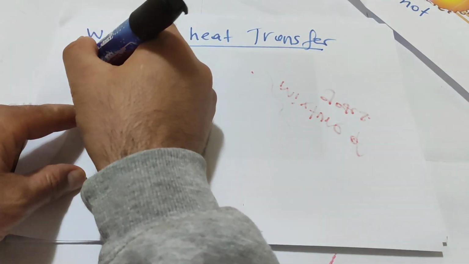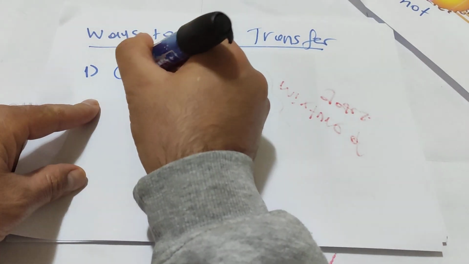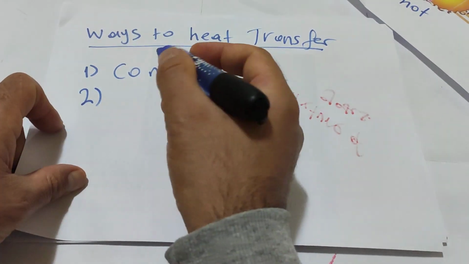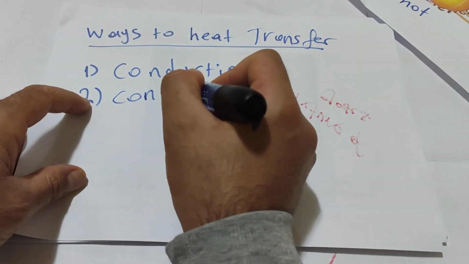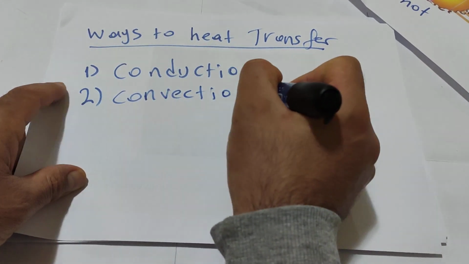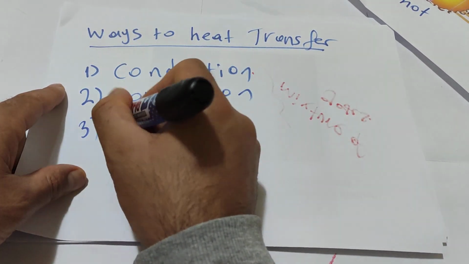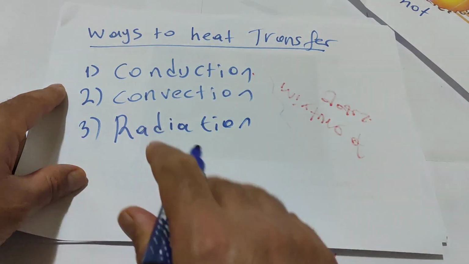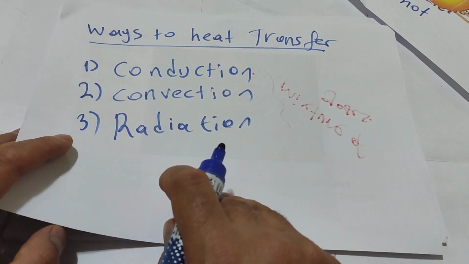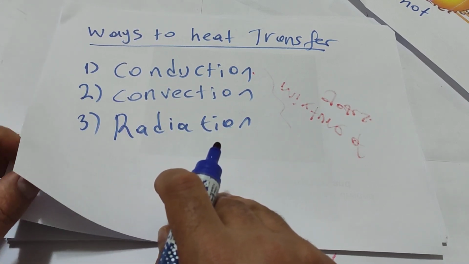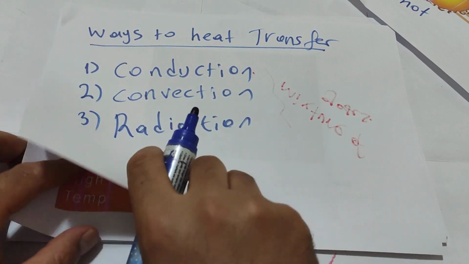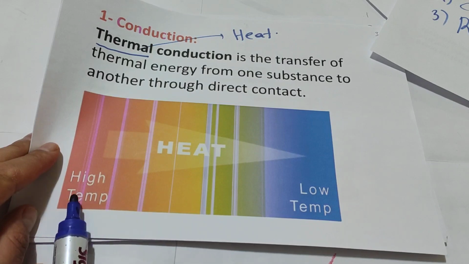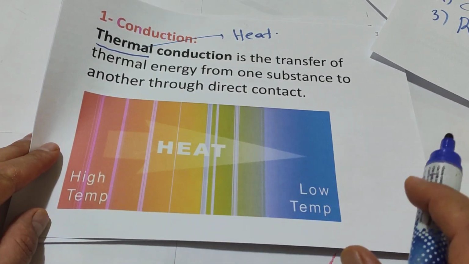Remember, the first one is conduction, the second one is convection, the third one is radiation. Three ways that heat transfers from a hot object to a cold object. As you see here, the heat energy transfers from higher temperature to lower temperature.